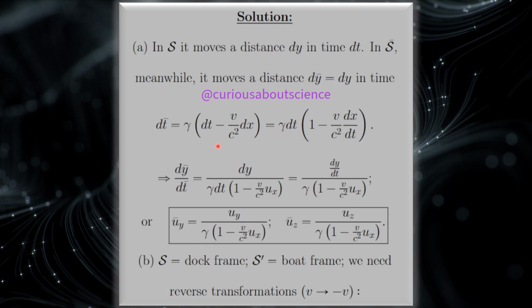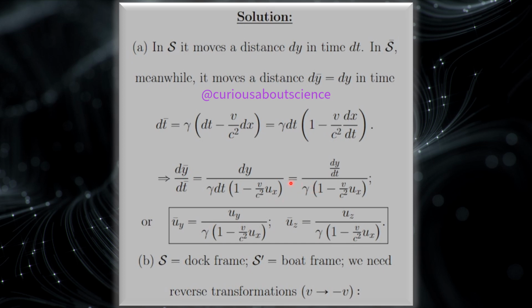And then with that, since we know what we want is dy bar over dt bar for S bar, now we just put the two over one another in terms of our regular derivatives. So we're left with dy over gamma dt times 1 minus v over c squared ux, since that's the velocity in the x direction. Since we don't want to use v, since v is the speed at which the object is moving.